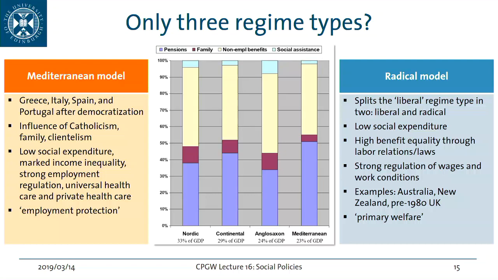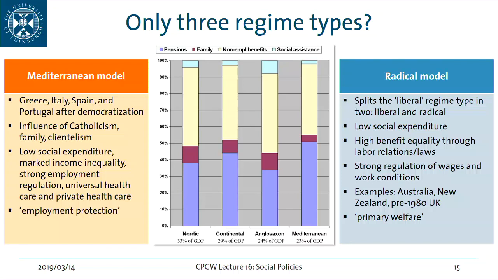In some US states you can still find a job as a waiter that pays you $2 an hour, and you're relying on tips to make your living. That, of course, wouldn't be legal in a system that has this radical model, because it's trying to strongly regulate how labor relations and laws work and how they work for the individual. And we see this, for example, in Australia and New Zealand. So there's a bit of a discussion.